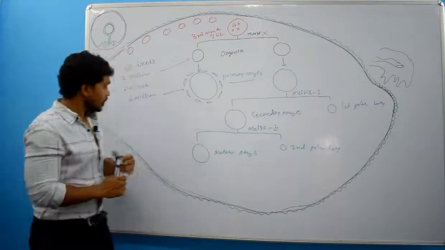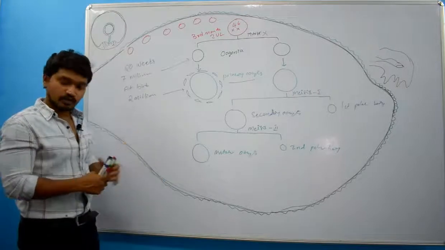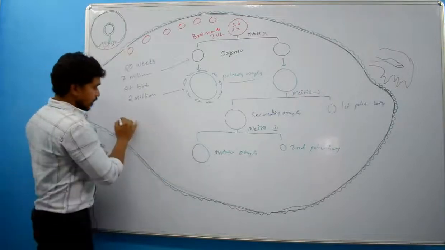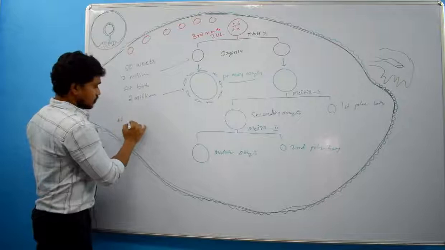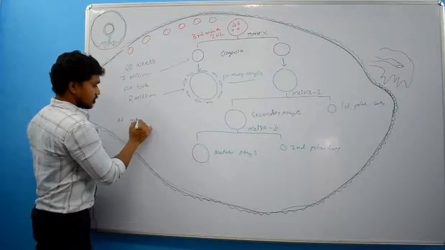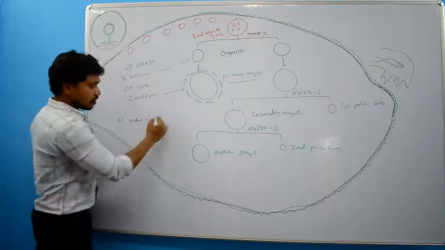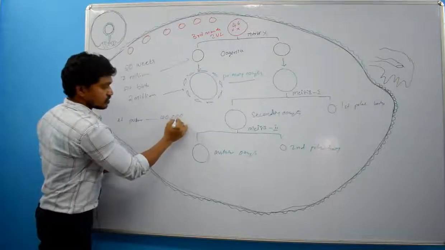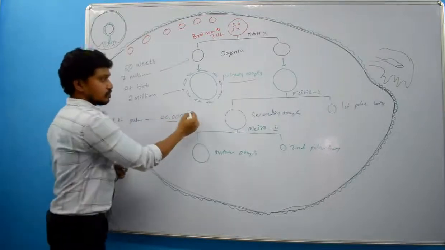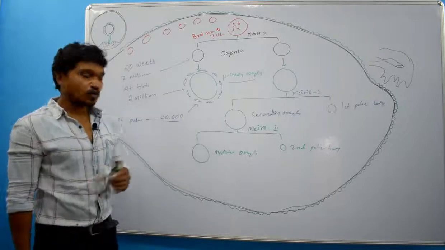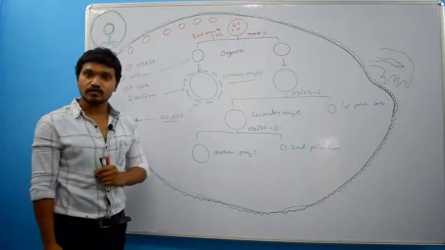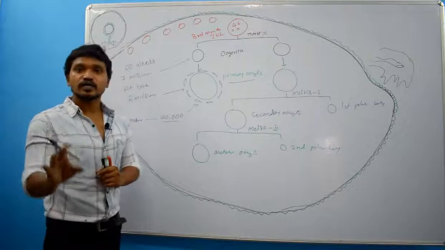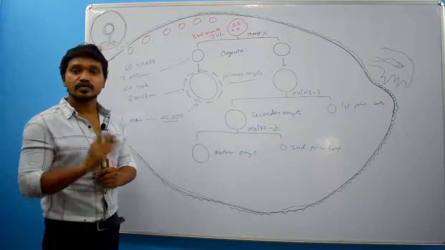Right? Then from this 2 million, at puberty, we can find only around 40,000 primary oocytes. What happened to the remaining primary oocytes? They have degenerated during childhood.